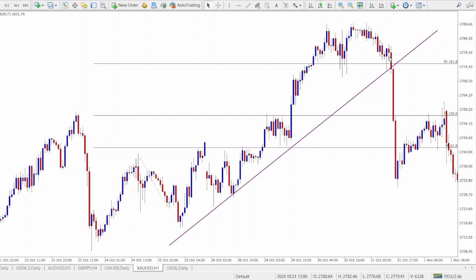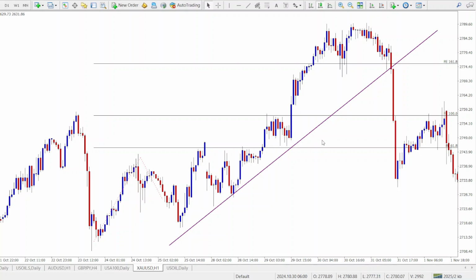Now, these levels are applied to the market after identifying a clear trend and its key points, like the start of the move and the peak, and also the retracement low.